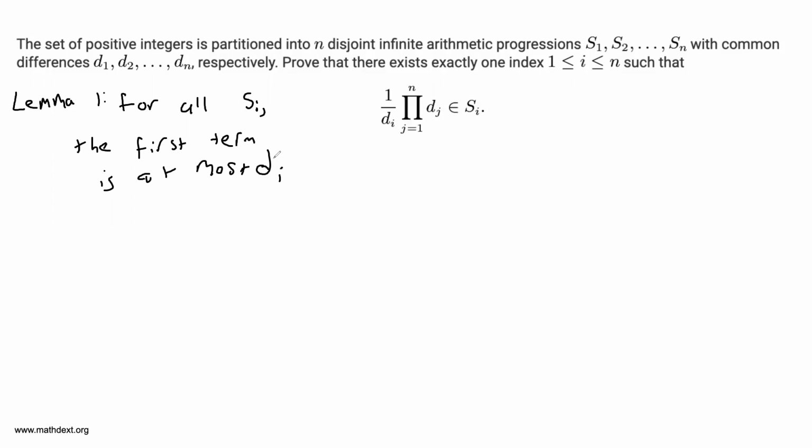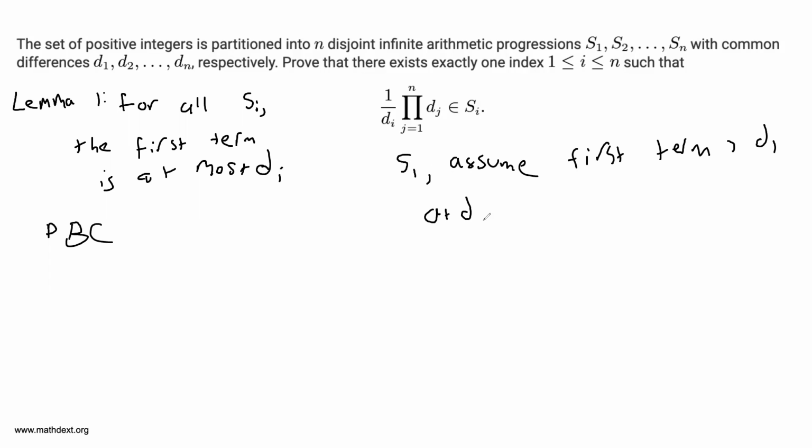And the way we're going to prove that is using contradiction. Proof by contradiction. We're going to assume that, let's say there's an arithmetic progression, without loss of generality S1, such that the first term is greater than d1. So we can write it as a plus d1 for some a greater than 0, right?